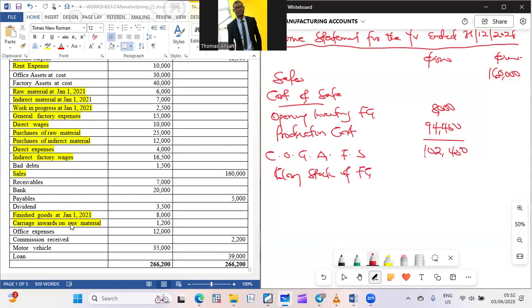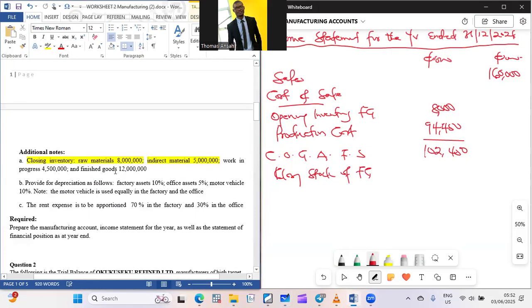And where do we find that one? Footnote, right? So it means everything here has now been captured. So we have 12,000. So minus 12,000. That's 90,450.